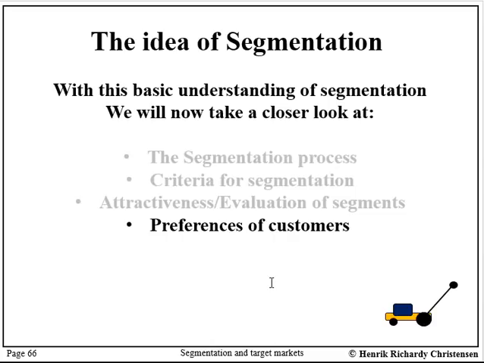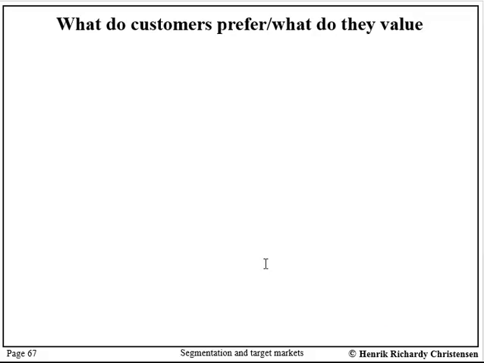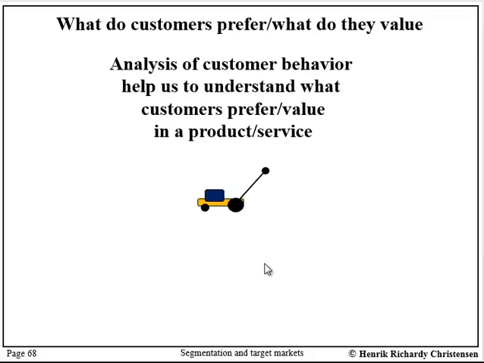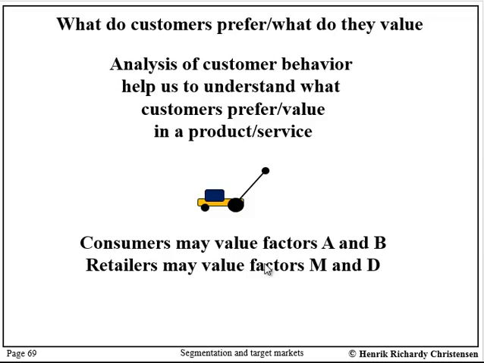So let us look now at the preferences of customers. So what do customers prefer, and what do they value? Well, here we probably need help from the analysis of customer behavior, and that can help us to understand what customers prefer and what they value in a specific product and service.